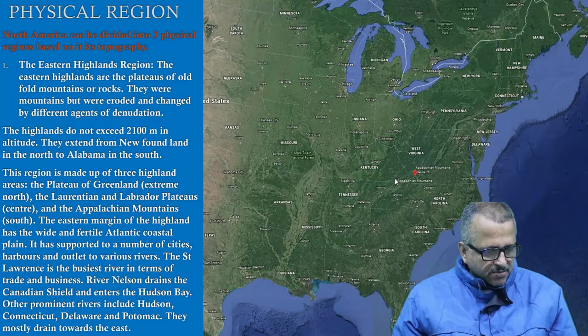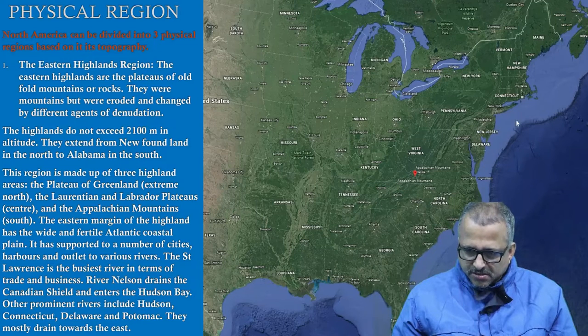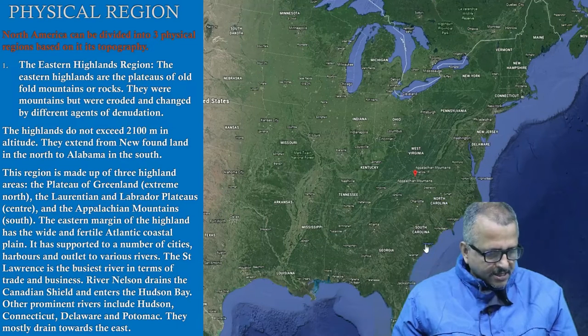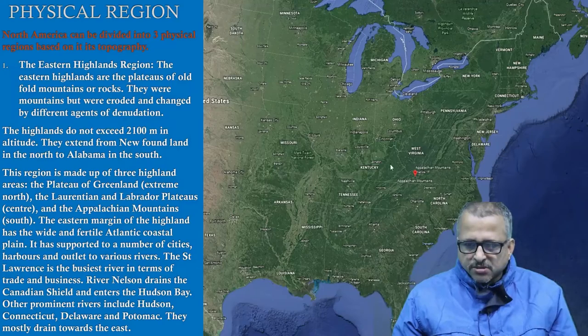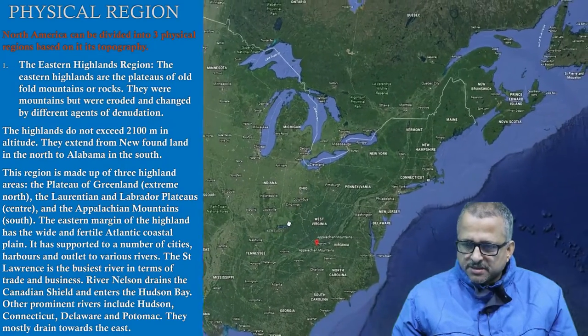This Eastern Marginal Highland has a fertile Atlantic coastal plain, which changes into the Atlantic coast range, and there we see various rivers meeting, with various cities at the banks of the rivers, and harbors. The St. Lawrence is the busiest water river system in the world.